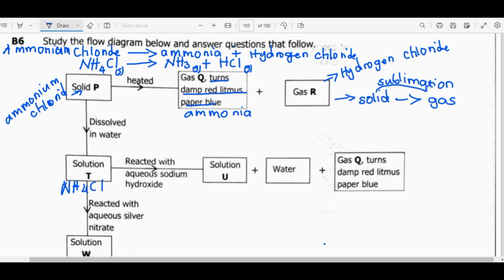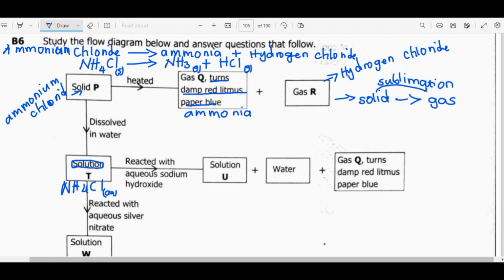Now this one will be in solution, so it is going to dissolve into ions. Here we are going to have an aqueous solution. As we can see, this is a solution, so the solid P is acting as a solute, while water is acting as a solvent. And we know that whenever a solute dissolves into a solvent, we have a solution, right?